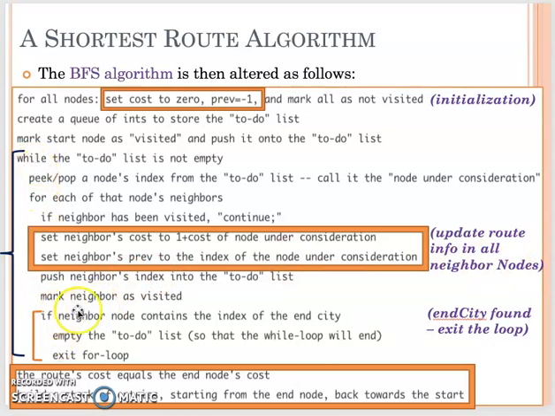But now remember, we will end if the neighbor we visited is the end node. If the neighbor node is the end node, you can either exit from this while loop or empty all the to-do list. Anyway, it just means you need to leave the while loop, then we finish, because once we find the end node the first time, we just exit.